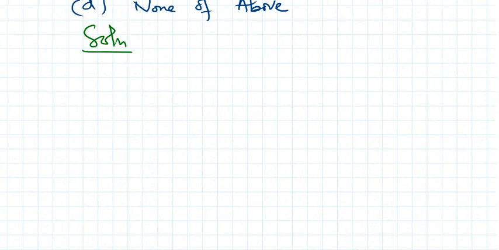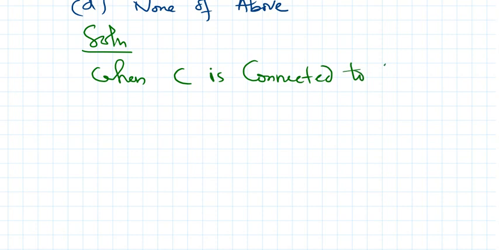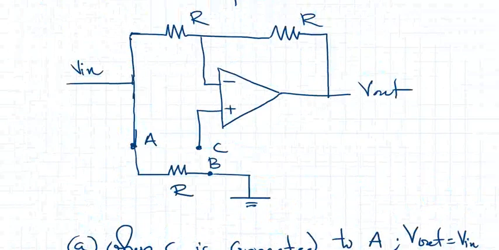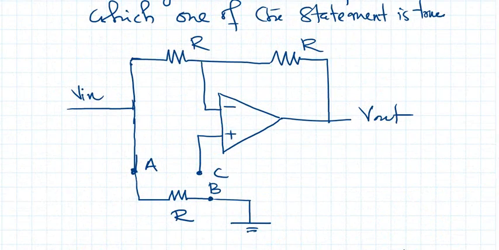When C is connected to A, Vx is equal to V in. Then when we apply KCL at this node, Vx minus V in divided by R plus Vx minus V out divided by R is equal to 0, and Vx is equal to V in.